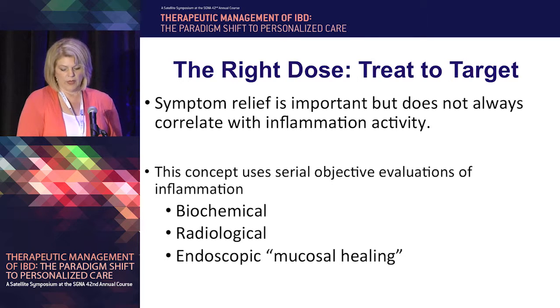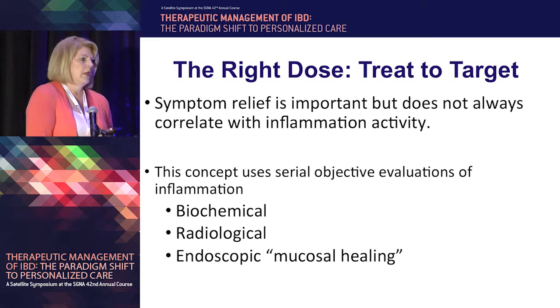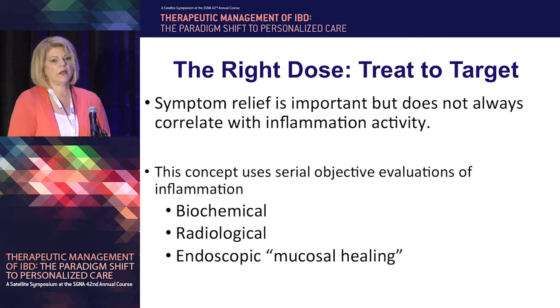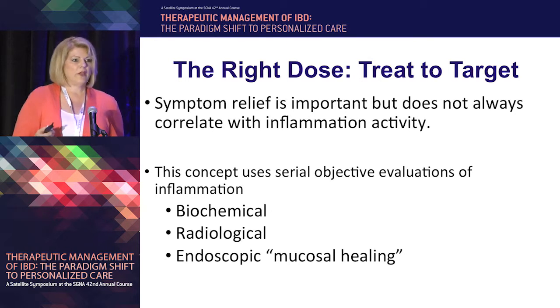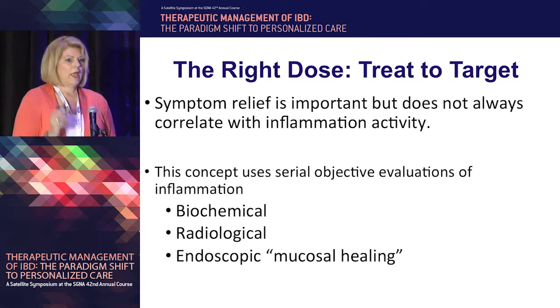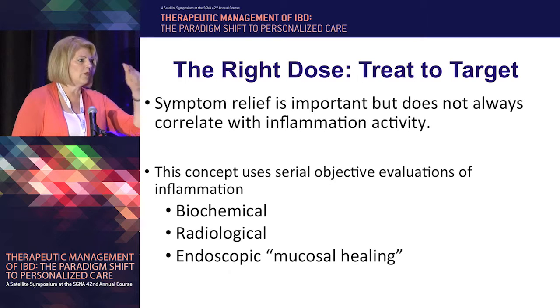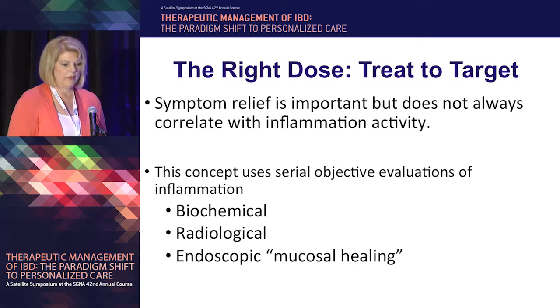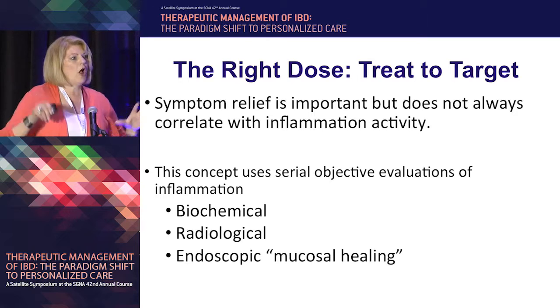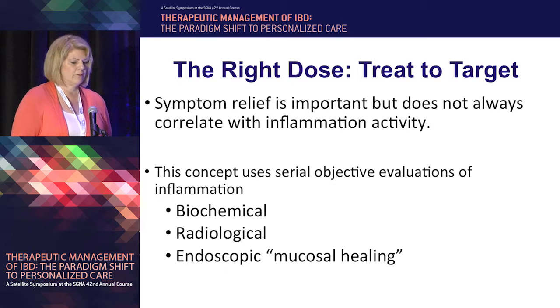Radiological tests: looking at maybe enemas, barium studies, CT enterographies, small bowel follow-throughs, and then endoscopic mucosal healing, seeing with our eyes what's actually going on in there. So it's a combination of all these things that we're going to look at to see what's happening with the patient.